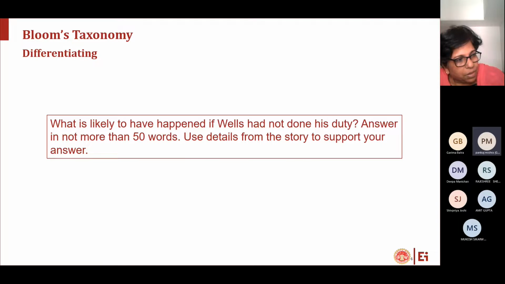Some analytical skills of the learners have to be applied to find the correct answer. We will not check whether it is analysis or application or anything. We will only check one thing, whether it is at a granular level or at a whole concept level.